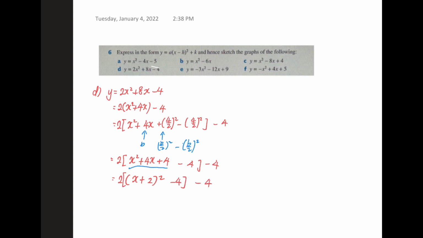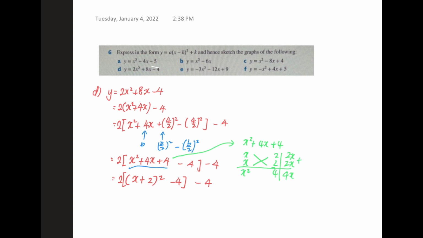Just for information, for factorizing those three terms, we can do it in this way. x times x becomes x squared, 2 times 2 becomes 4, cross multiply, x times 2, 2x, and x times 2, 2x, you add them up, you get 4x, which is the term in the middle.